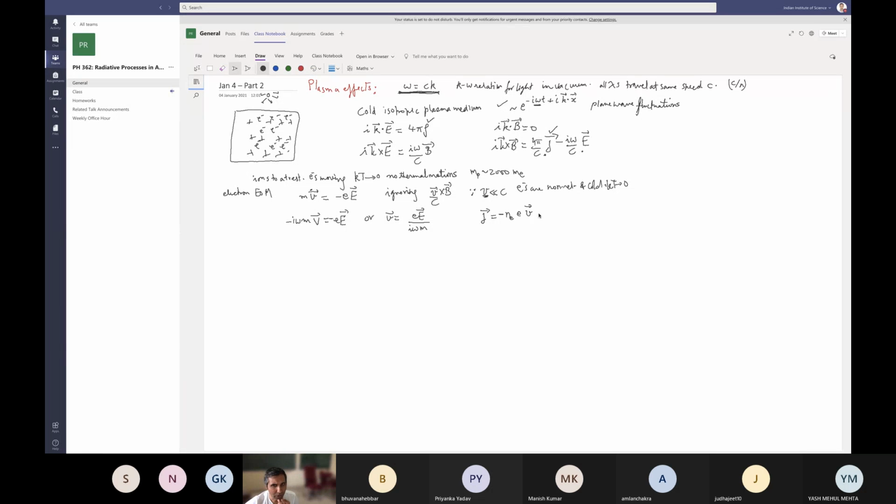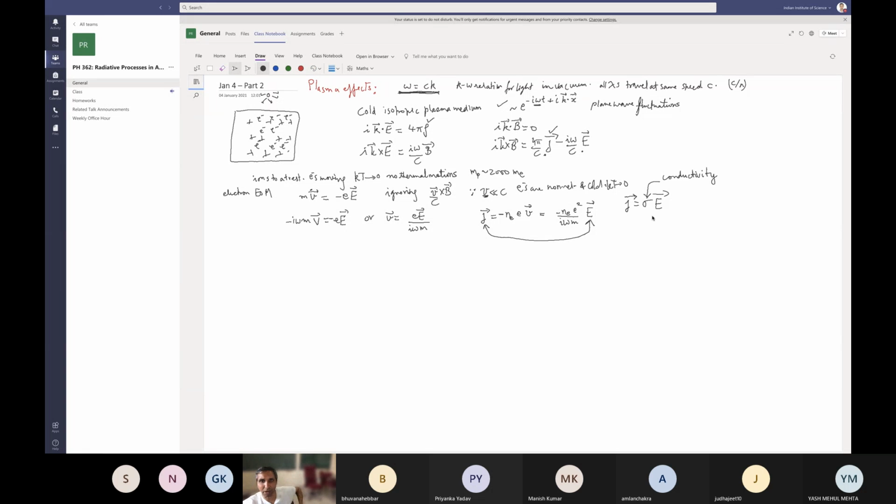So we get J equal to minus N E squared by I omega M times E. This is the relationship between J and E. J is equal to sigma E. This is how we define conductivity, the plasma electrical conductivity.